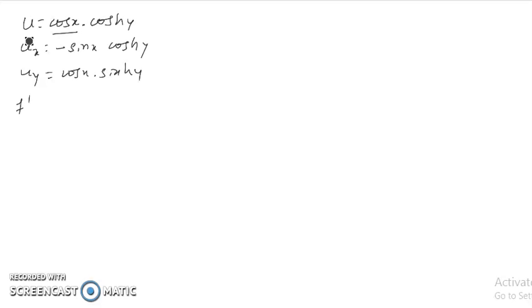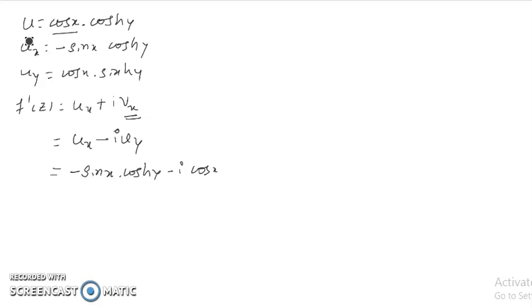Then what we have to do, f dash of z is equal to u subscript x plus i into v subscript x. So again by the CR equation, we are going to write u subscript x minus i u subscript y. So u subscript x is minus sin x into cos hyperbolic y, minus i into u subscript y, which is cos x, sin hyperbolic y.